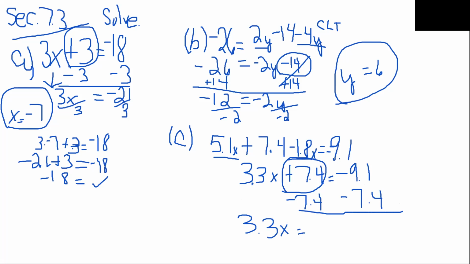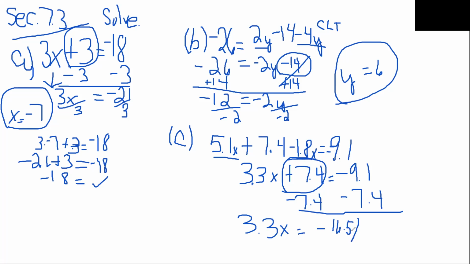Now let's show I have 9.1, that's a negative, and then I have 7.4, and that's a negative. That should give me a negative 16.5.